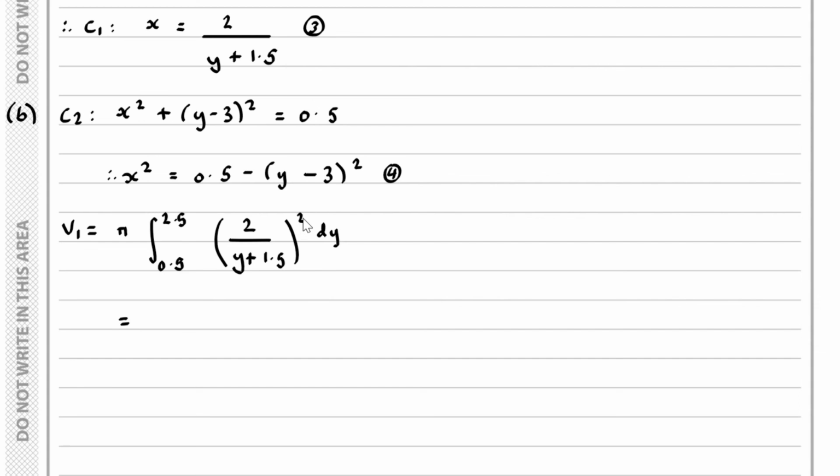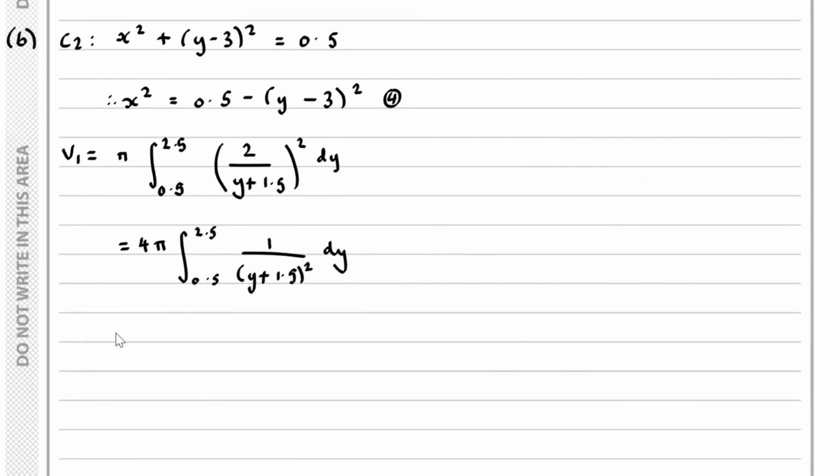So squaring the 2 we get 4, so we can take that outside the integral. So we've got 4 pi lots of the integral from 0.5 to 2.5 of 1 over (y plus 1.5) all squared dy. So here we get 4 pi lots of the integral from 0.5 to 2.5 of (y plus 1.5) to the minus 2 dy.